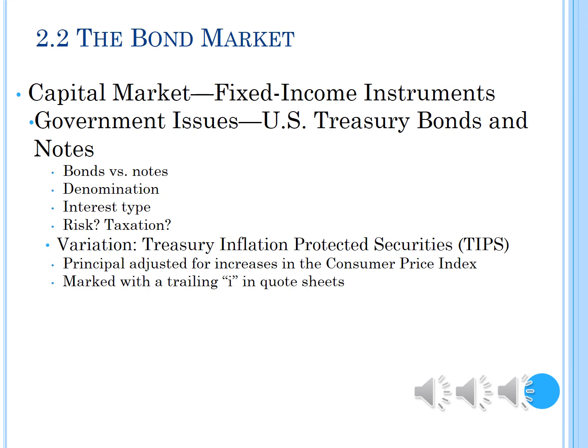So the principal amount of these bonds adjusts in proportion to any increases in the consumer price index, which, as you might know already, is a measure of inflation. Therefore, they provide a constant stream of income in real inflation adjusted dollars, and the real interest rates you earn on these securities are risk free if you hold them to maturity.